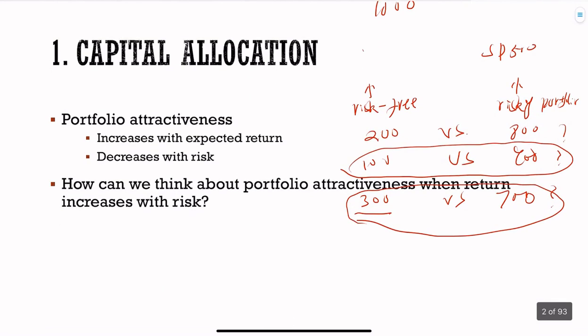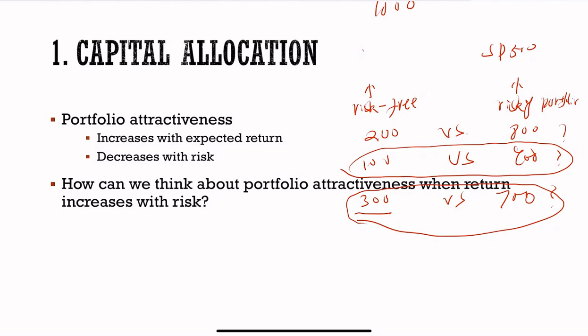Okay, now let's start. So basically, to understand capital allocation, we first need to define several important concepts. The first concept is about utility function. And if you have taken intermediate micro, then you should have learned about it.